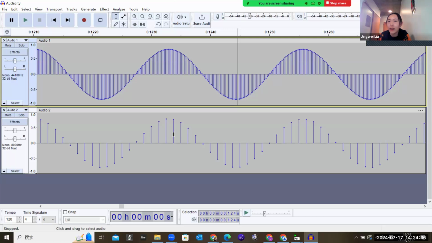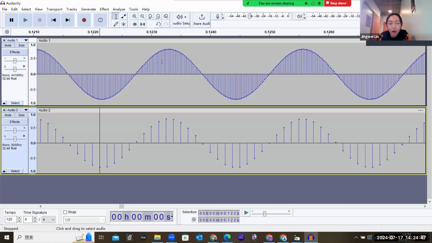So this is the effect of different sampling rates. Because our tune is 440 hertz, it's comparatively really low compared to either 8,000 or 44,100 hertz. Therefore, they have no difference when produced using these two different sampling rates.